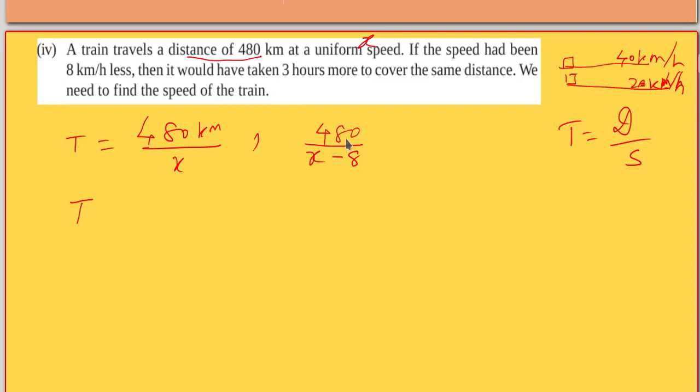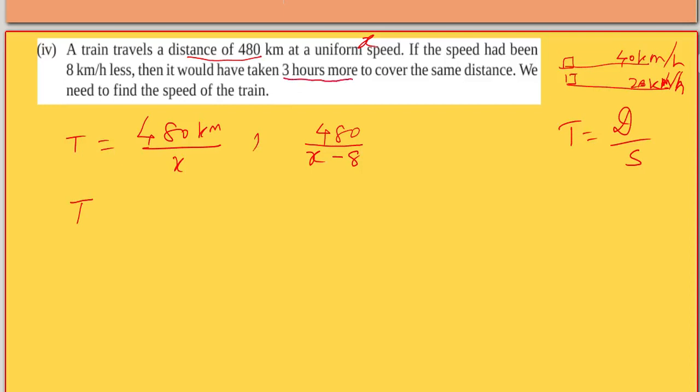So if this change happens, then it would take 3 hours more to cover the same distance. If the speed has been reduced, the time taken will increase.